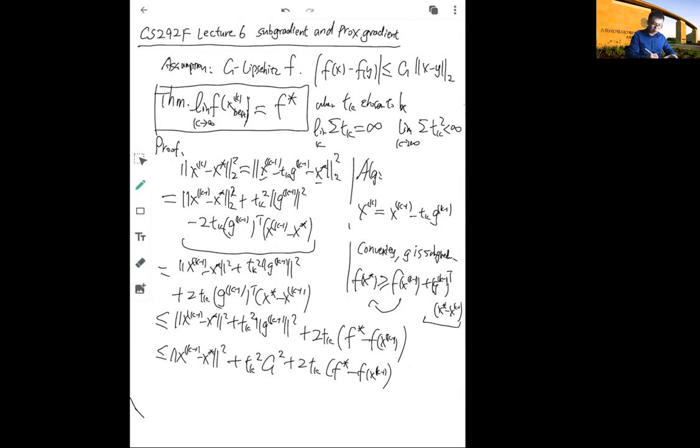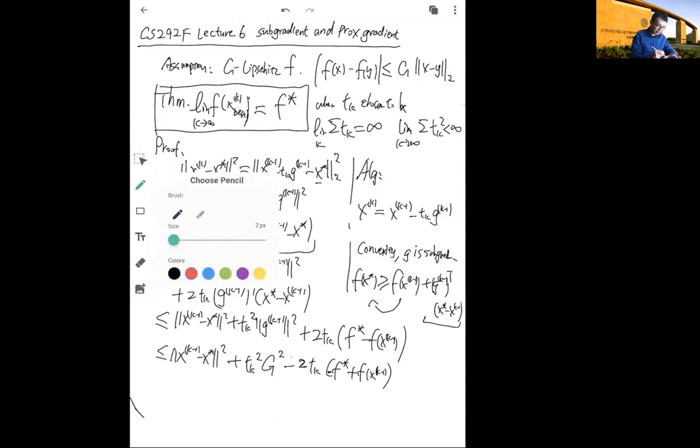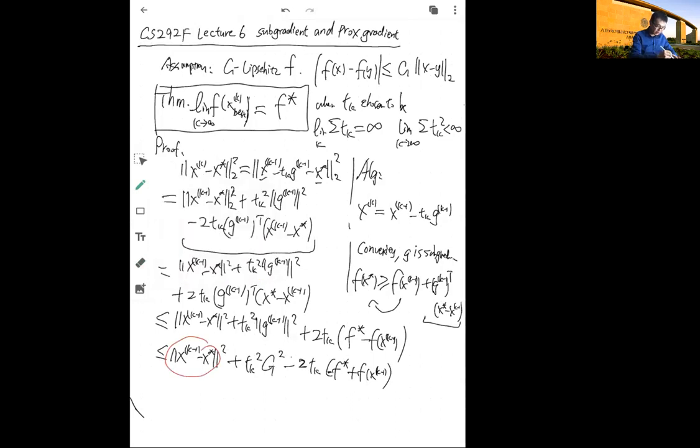Notice that f star is always smaller than f(x_{k-1}), so let's make this minus. Now we have a nicely looking telescoping structure with this and that on two sides of the inequality.